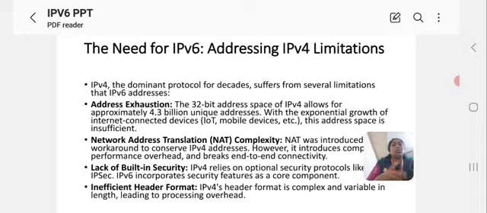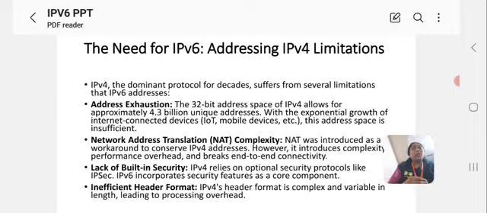The next drawback is network address translation complexity. NAT was introduced as a workaround to conserve IP version 4 addresses. However, it introduced considerable performance overhead and breaks end-to-end connectivity.